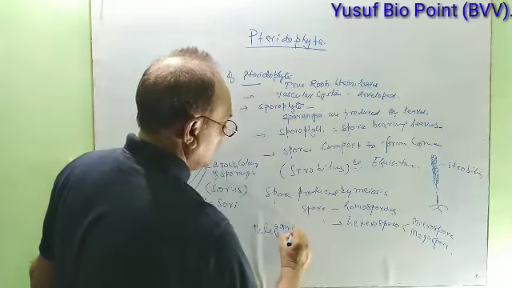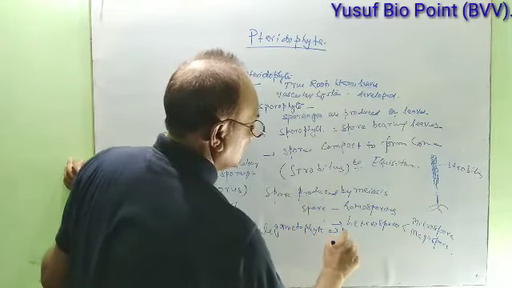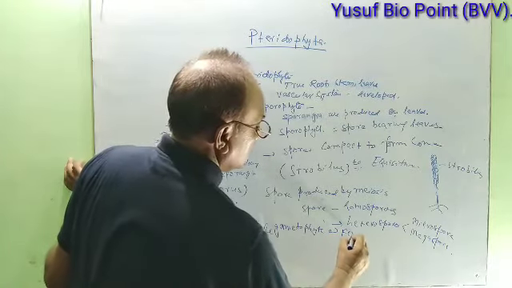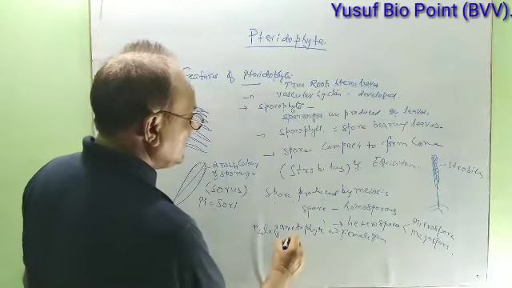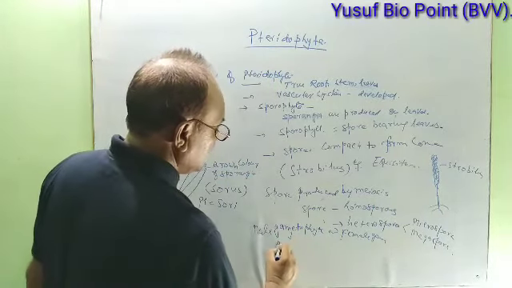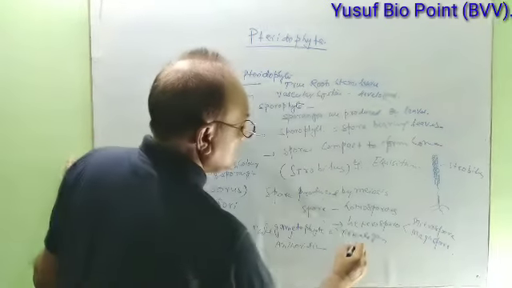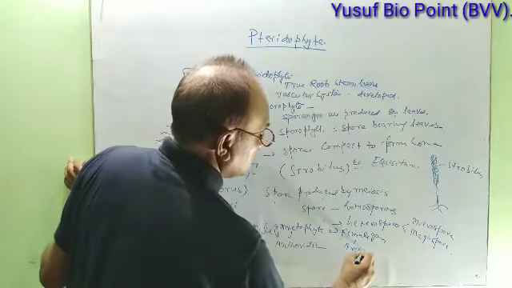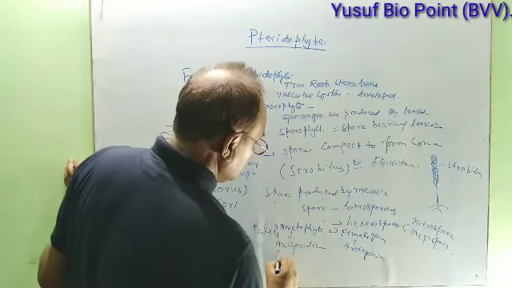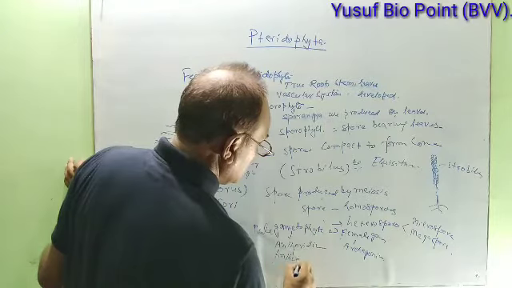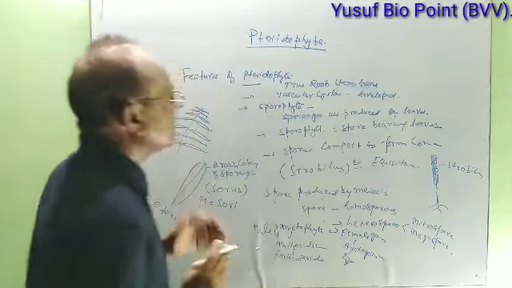The male gametophyte bears the antheridium, and the female bears the archegonium. The antheridium produces antherozoids, and the archegonium produces eggs.